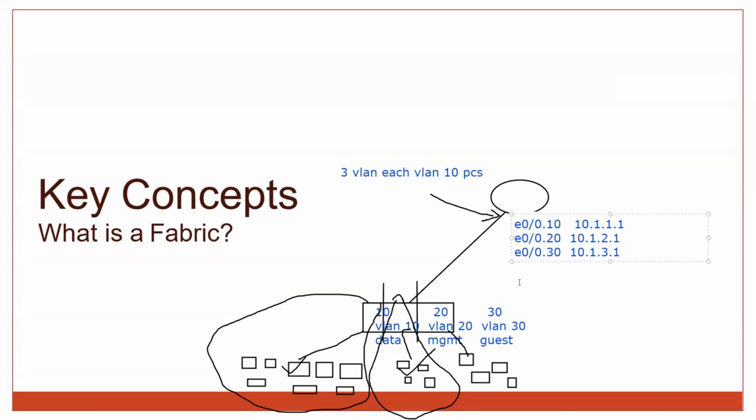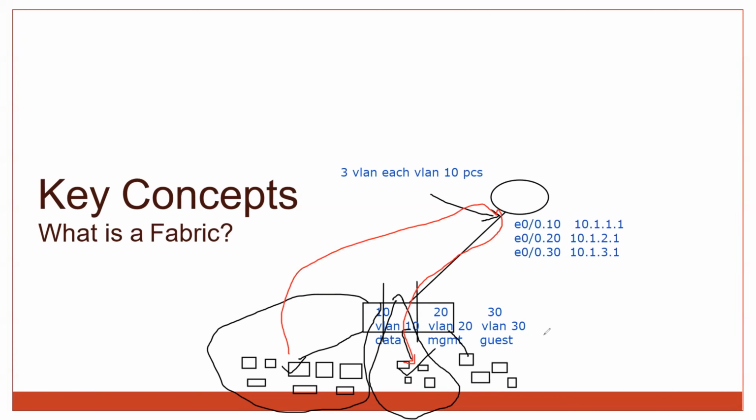So what will happen when VLAN 10 wants to communicate with VLAN 20, then they will go to the router, check the gateway, and then go to the other side. Right? You will do it like this. Any doubt in this? You are able to understand this? This is one way to do it.